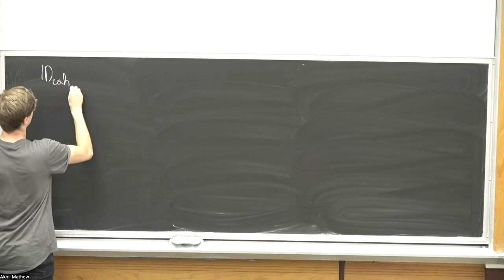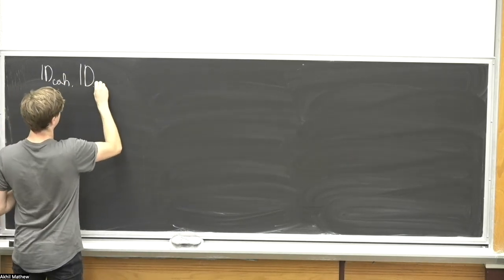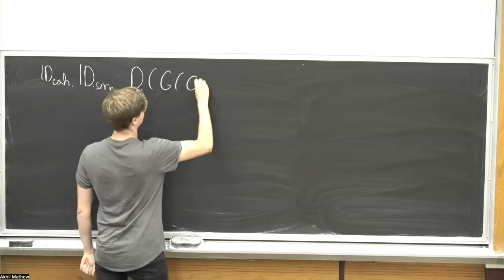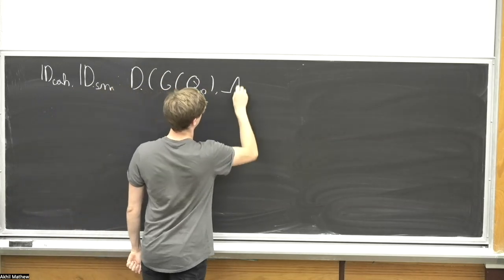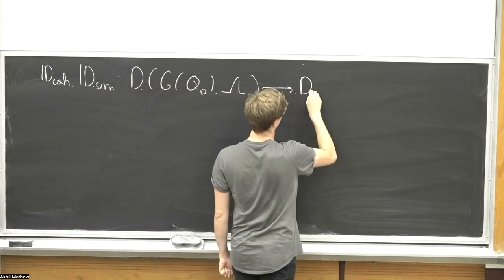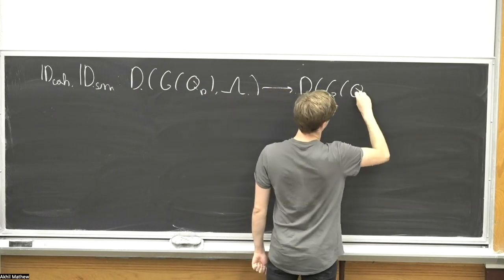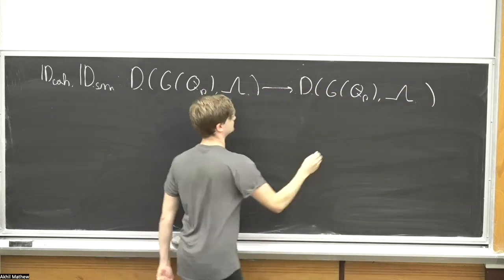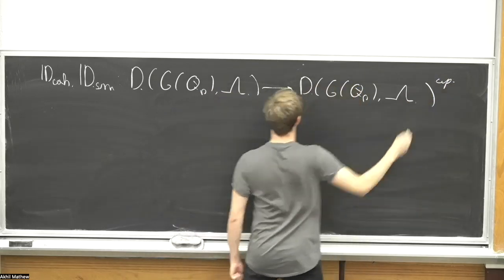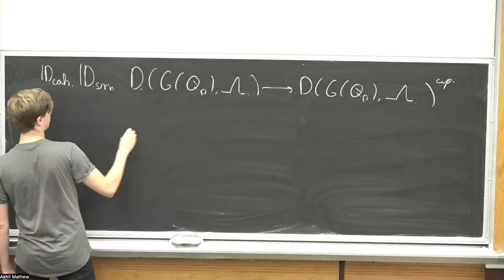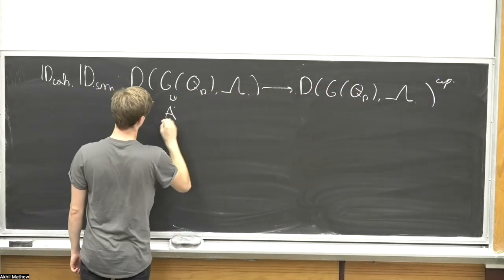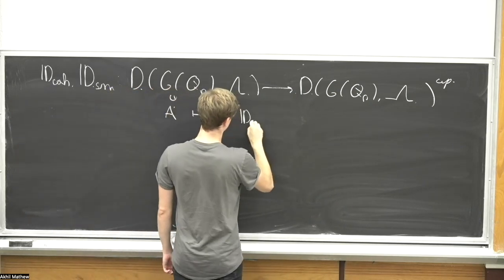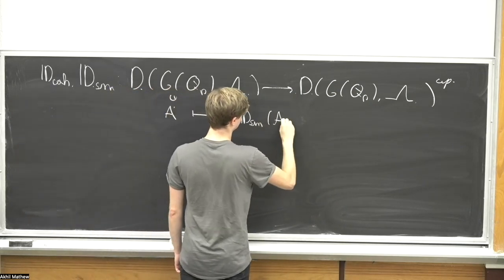So there's two kinds of duality in this category. And if I have some object A inside here, well, first we have what's known as the smooth dual.